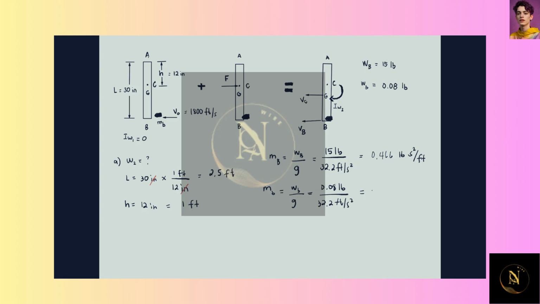So this is equal to 0.00248 pound second squared over feet. Okay, so those are the values that we have so far.